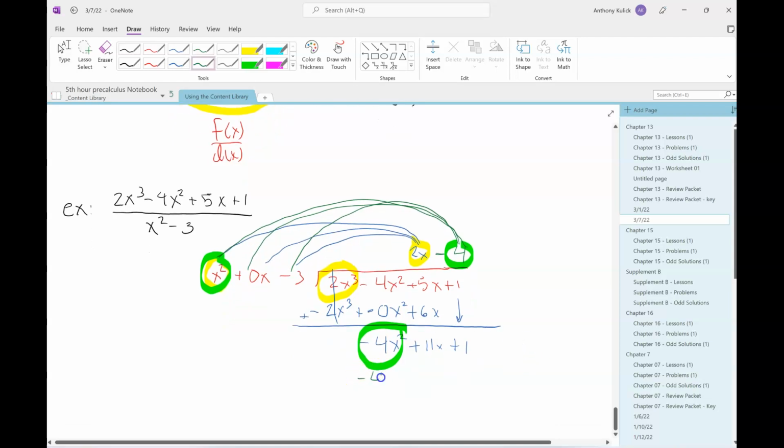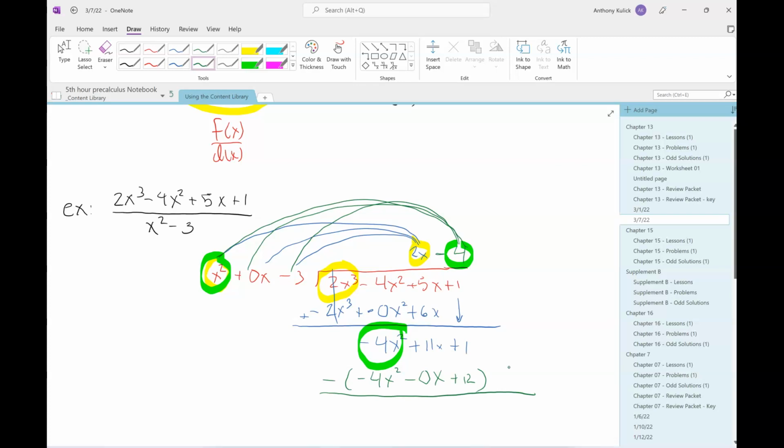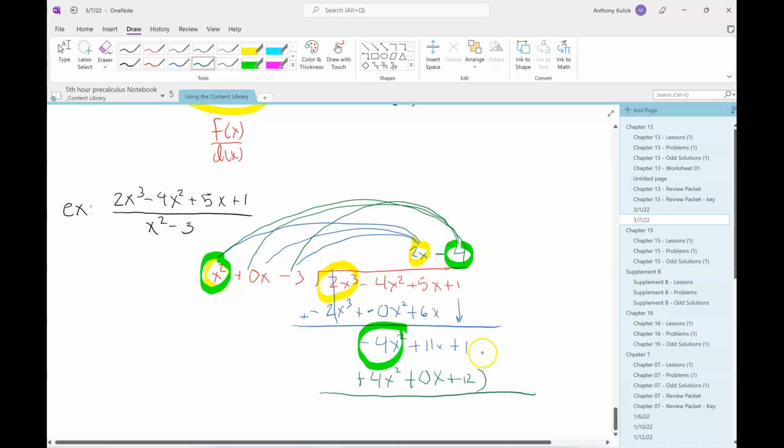So that gives me negative 4x squared minus 0x plus 12. And then we'll subtract down. But instead of thinking about this as subtraction, I'm going to distribute the negative through and turn it into an addition problem. Is that okay?